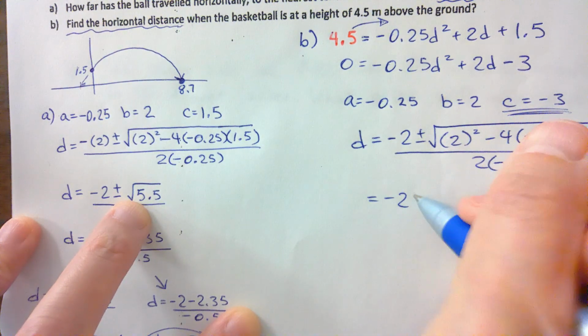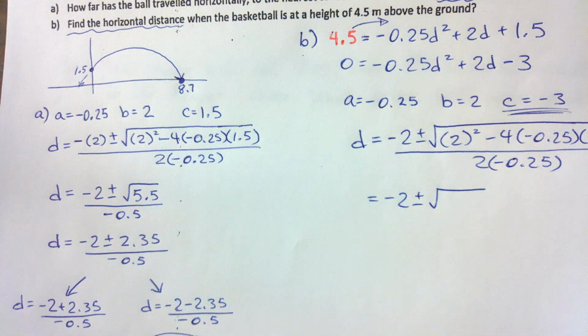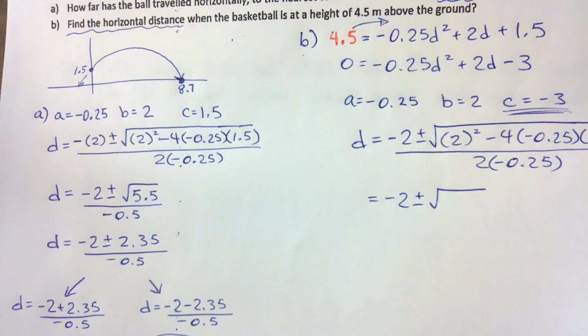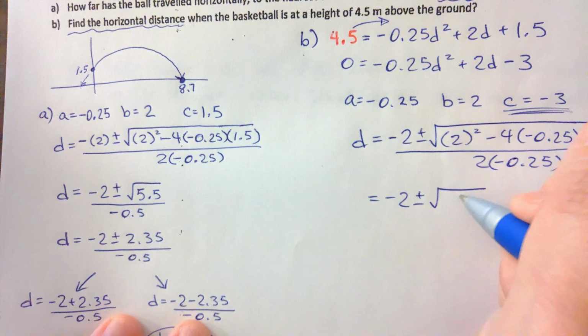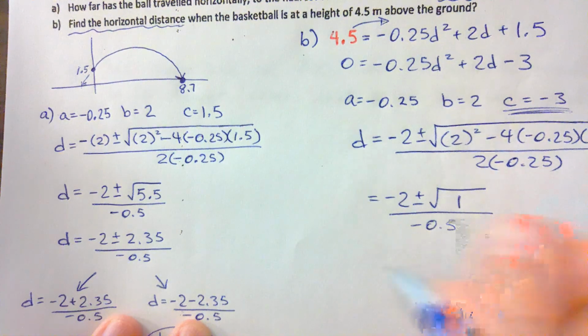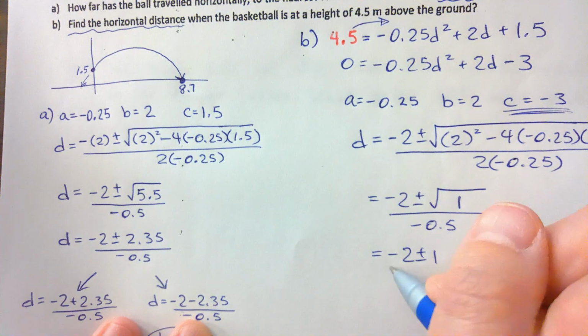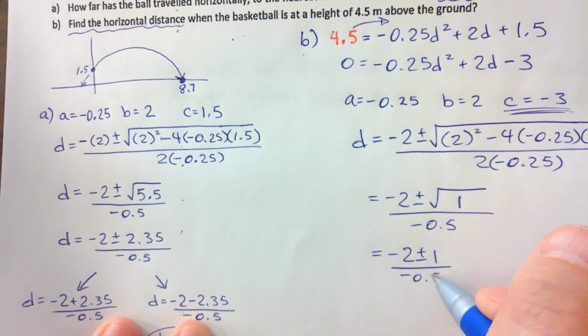So negative 2 plus or minus root, what does that give you? 4 times 0.25 times 3 is 3. So 4 minus 3 is 1. And then negative 0.5. So then you have negative 2 plus or minus 1 over negative 0.5.